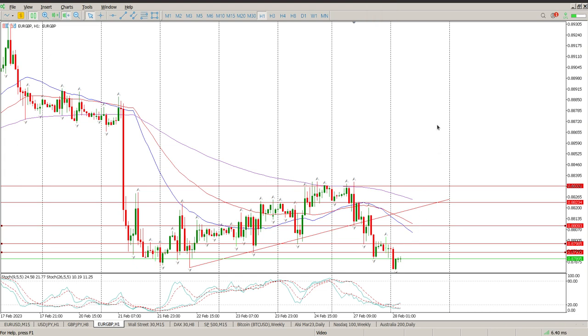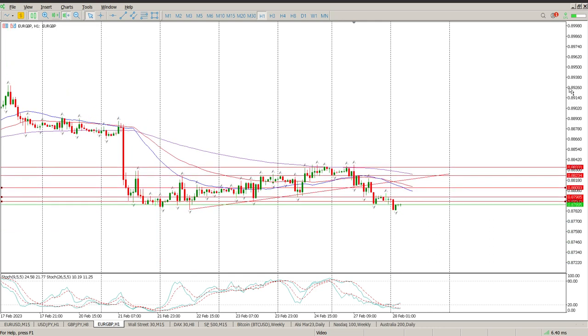But to be honest, I think of the 4 pairs, the British Pound Japanese Yen looks really strong, and Euro USD also looks like a strong entry there. So those are the 2 that I'd be watching this morning. Bigger picture here is we are in a range.